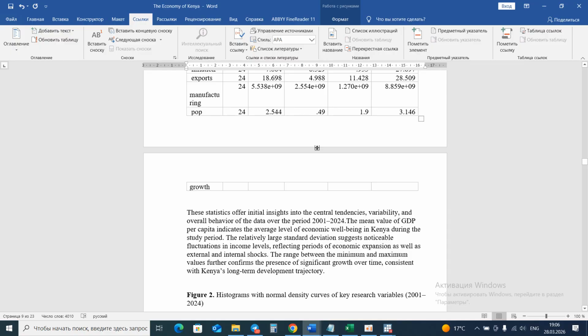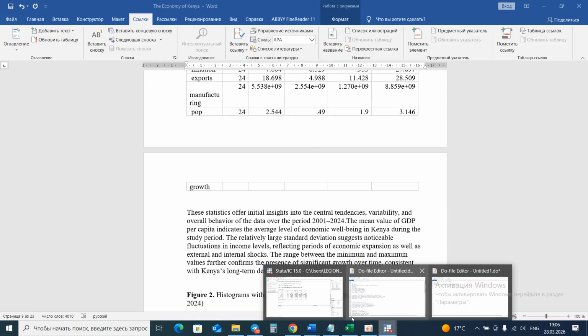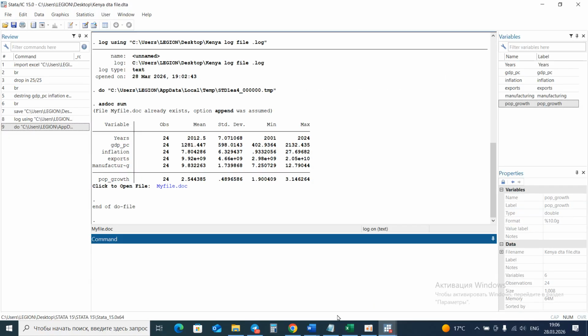So these statistics, as I already mentioned, show us what we have, how many variables we have, their minimum and maximum values, and their mean.